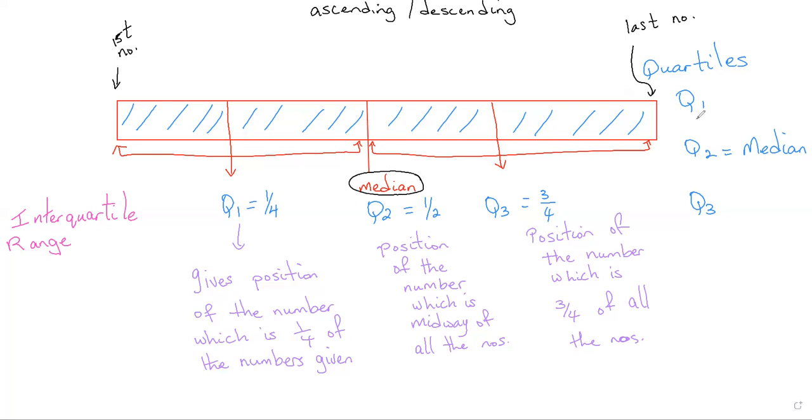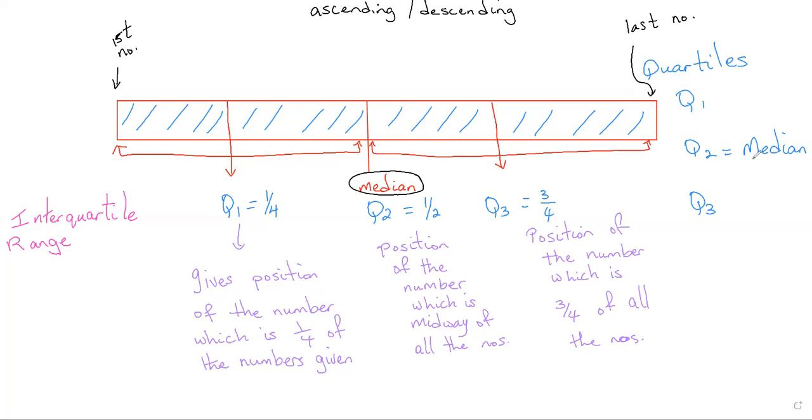Now, the median, right? So if I break up my numbers with 3 quartiles, I will have 1, 2, 3, 4 parts, where quartile 2 is also known as my median.